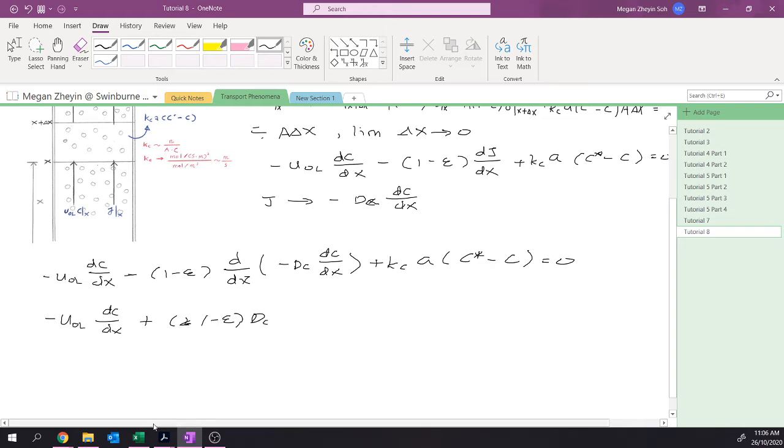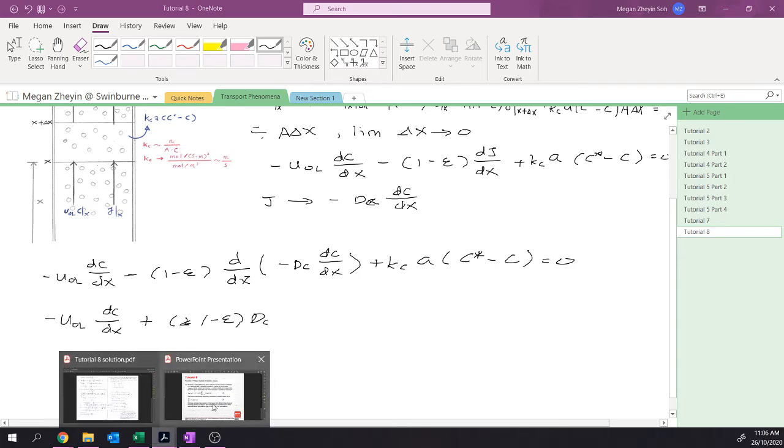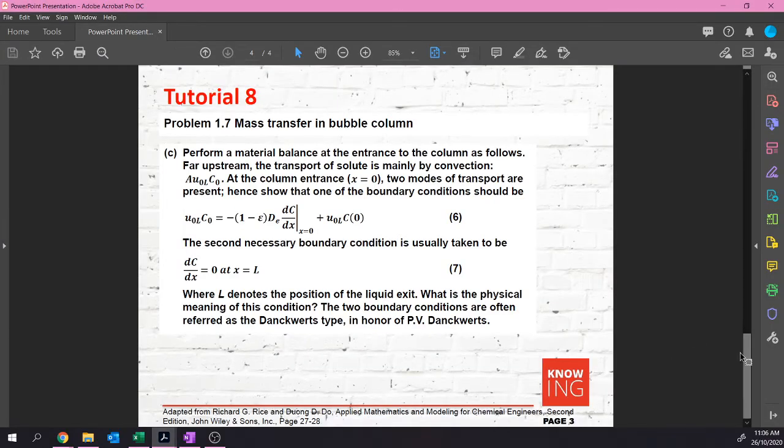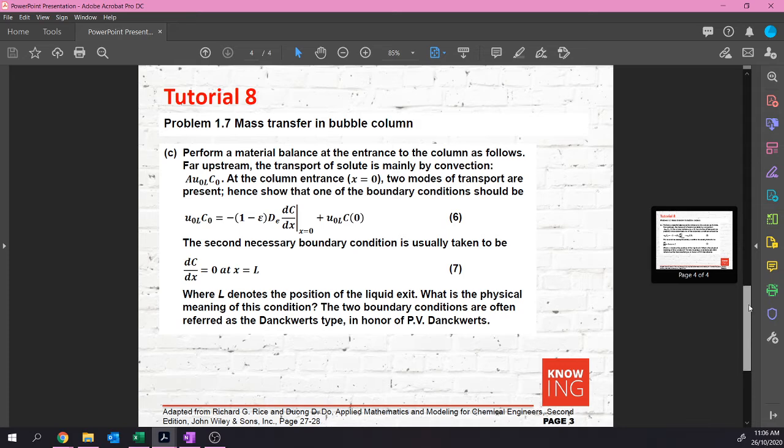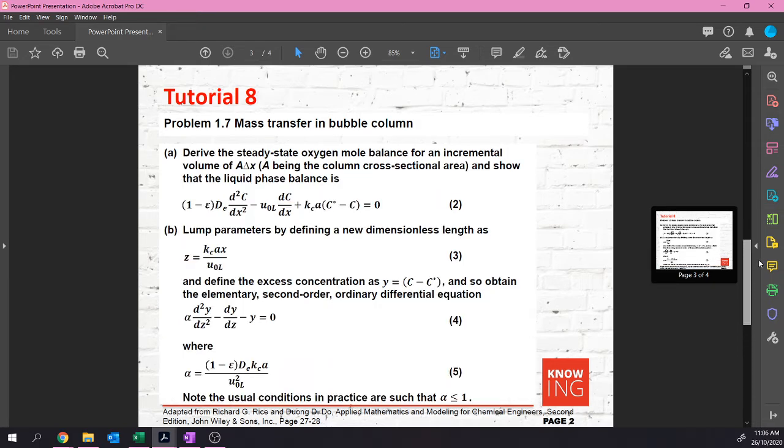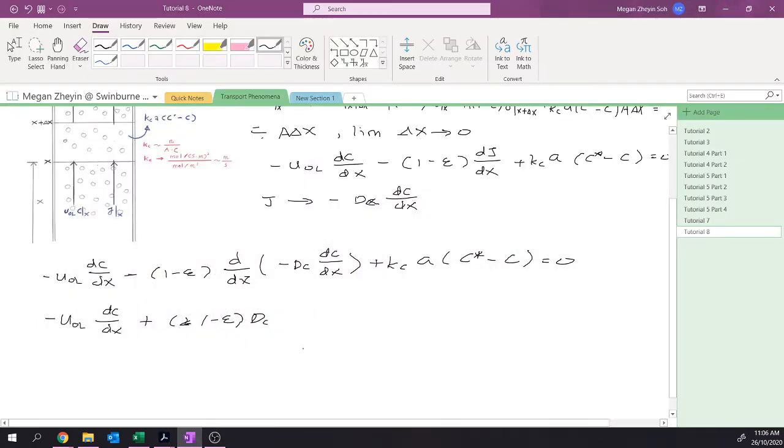Okay, in the question it is supposed to be dc or de. De, sorry, this one is de. Okay, de and d square c over dx square plus kCa, okay, same thing, c star minus c equals to 0.